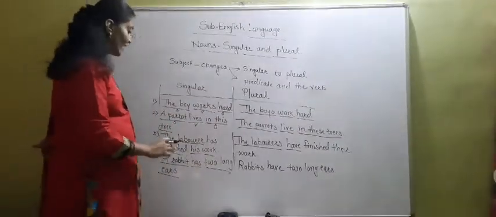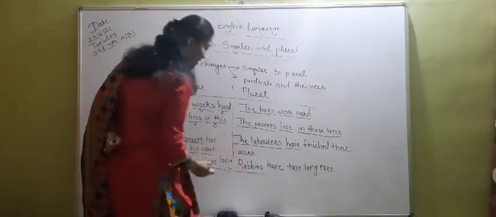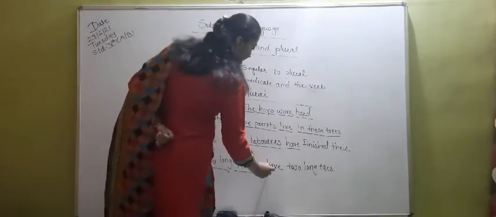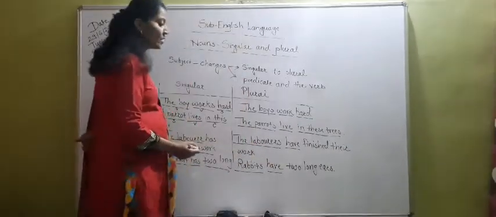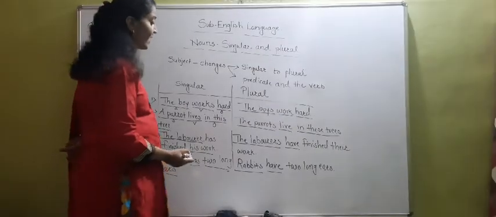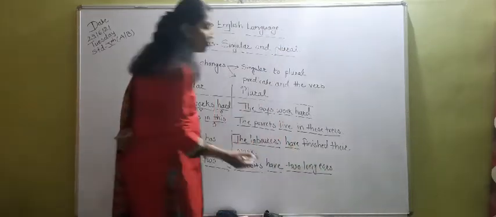So when we are making it plural, we will add s to this subject. Rabbits, we will make it rabbits, and as rabbits is plural, we will use here have, and then we will write the remaining sentence, 2 long ears.